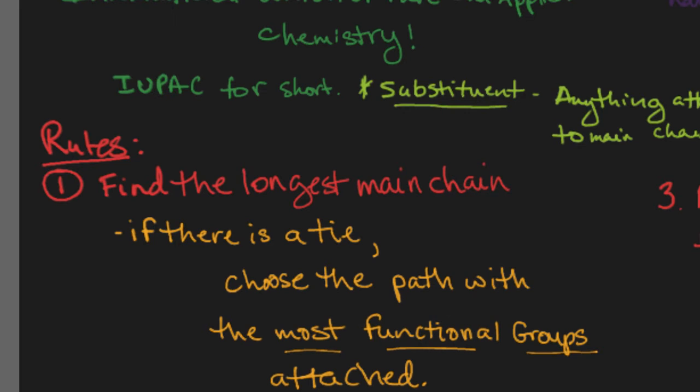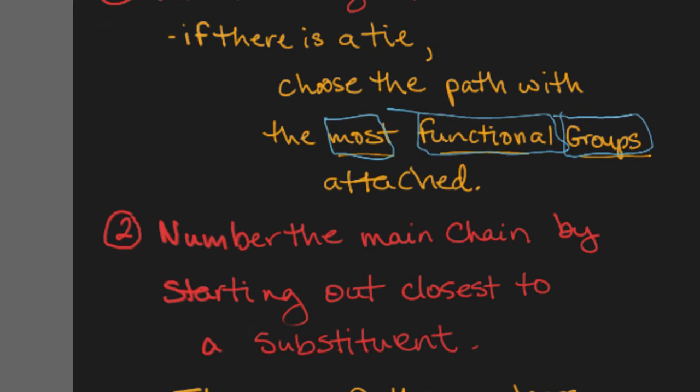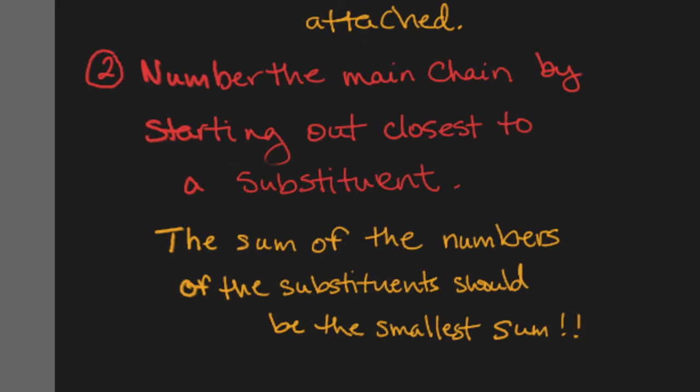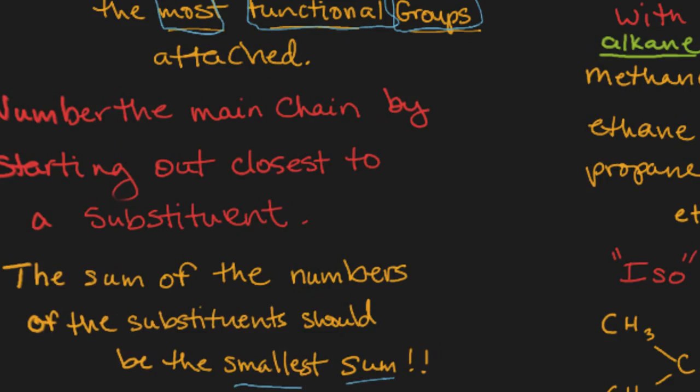Let's overemphasize that: the most functional groups. And then when you're numbering, start with the end that is closest to a substituent. If you did it correctly, the sum of all the numerical prefixes should be the smallest possible sum.